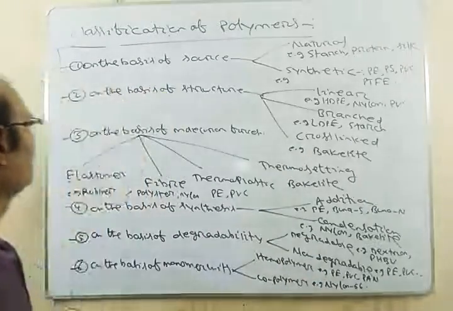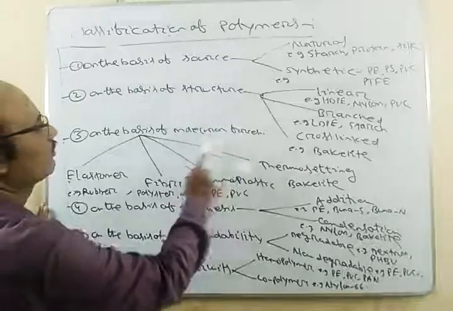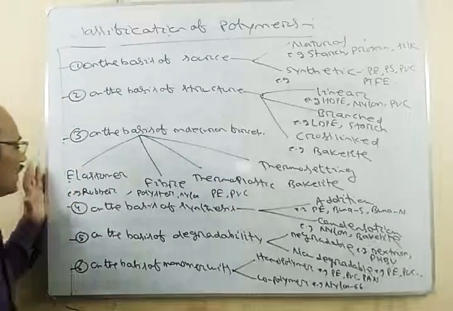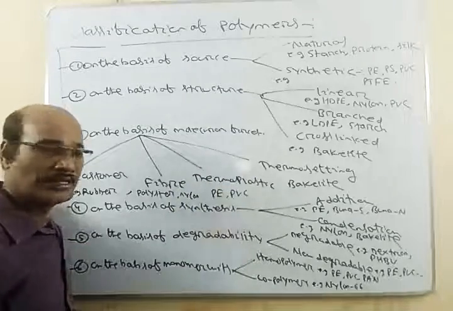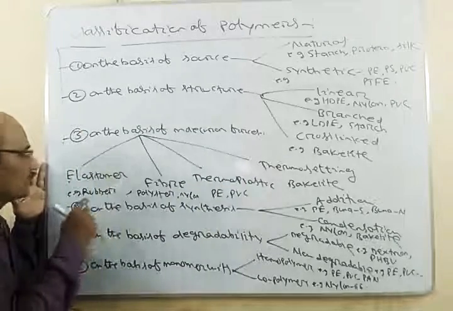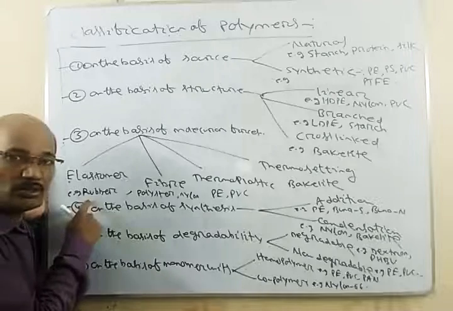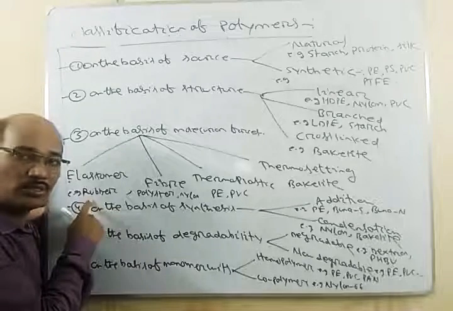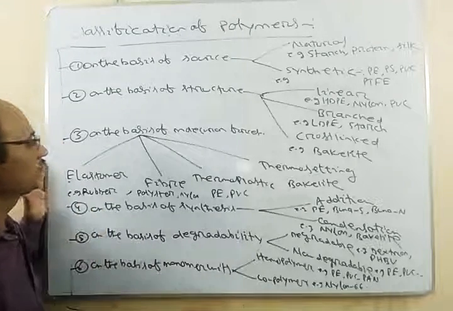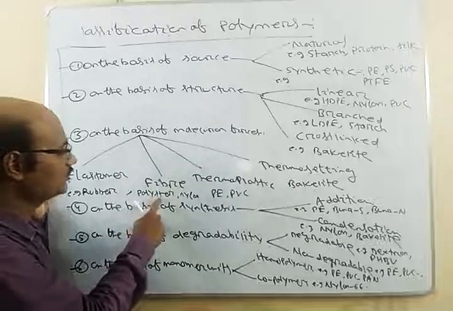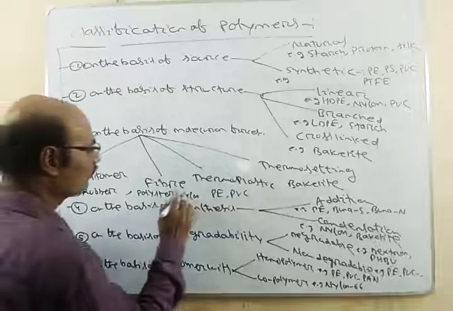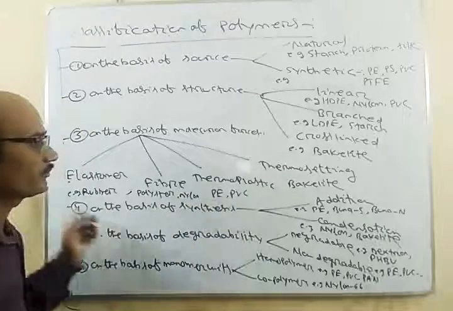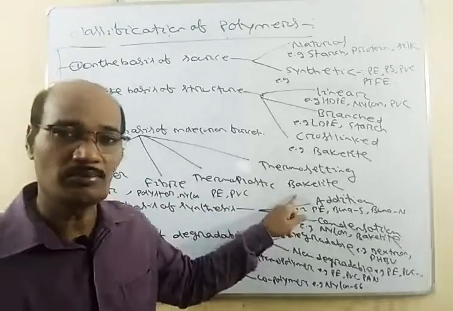Now on the basis of molecular forces, the polymers are elastomer, fiber, thermoplastic and thermosetting. The elastomers are rubbers, like natural rubber, Buna S, Buna N; then fibers are polyesters, nylon; thermoplastics like polyethylene and PVC; thermosetting like Bakelite.